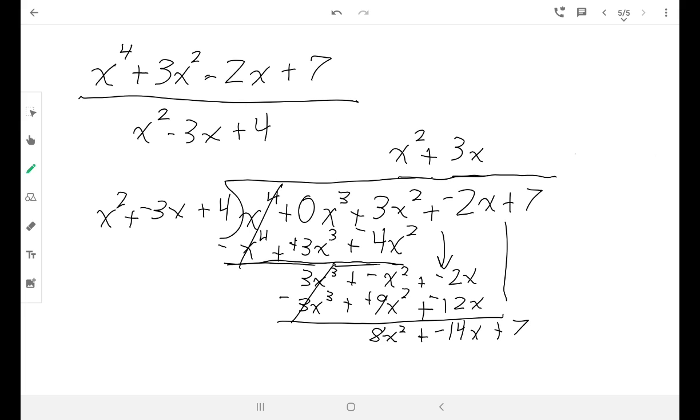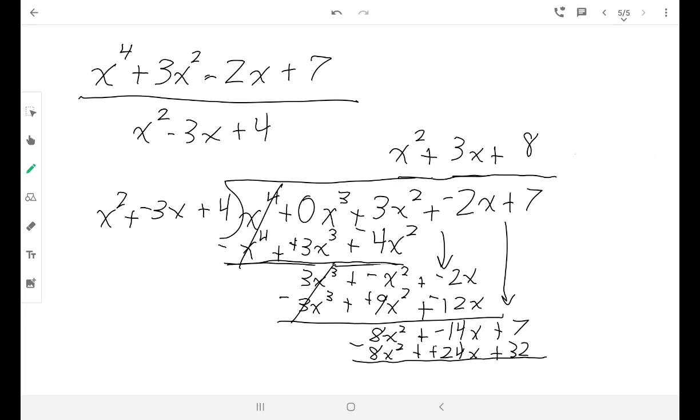Bring down the plus 7, put a plus. Start the game over. Now I need to make 8x squared. I'll multiply the x squared by 8 to make that happen. So 8x squared plus 8 times negative 3x is negative 24x plus 8 times 4 is 32.